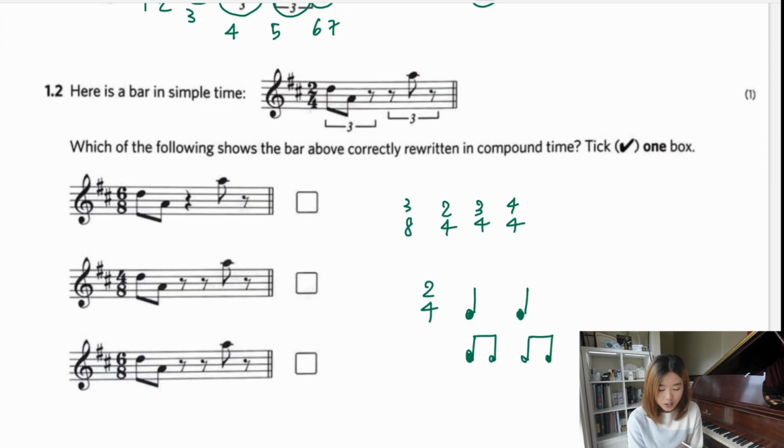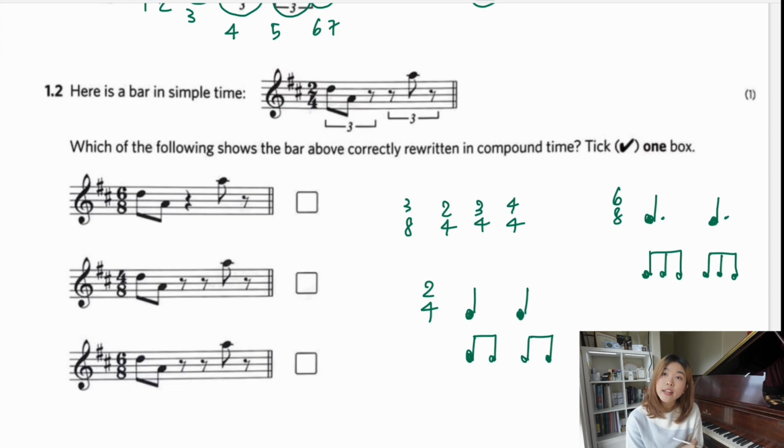And when we have a compound time signature like 6/8, the notes are grouped so that each beat is a dotted quarter note. Each beat is divided into 3 eighth notes. So that's compound time.